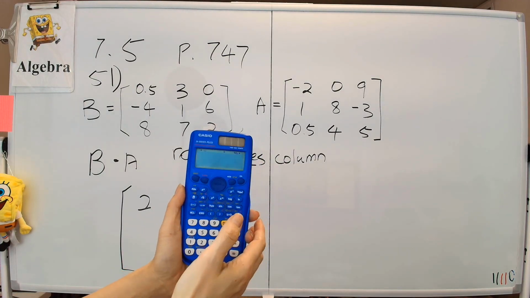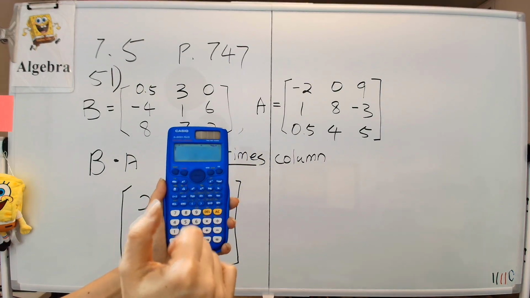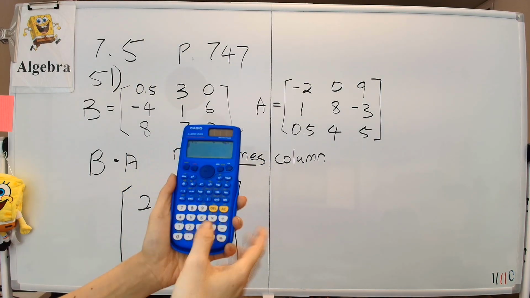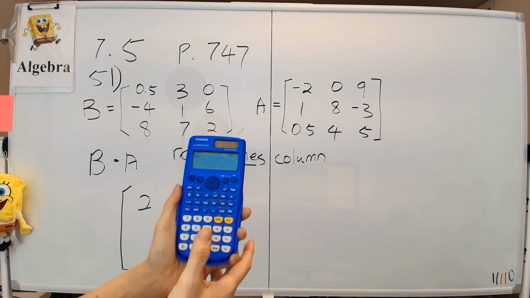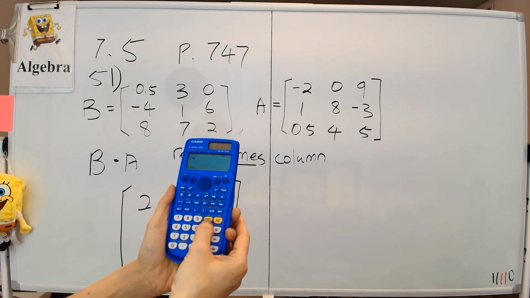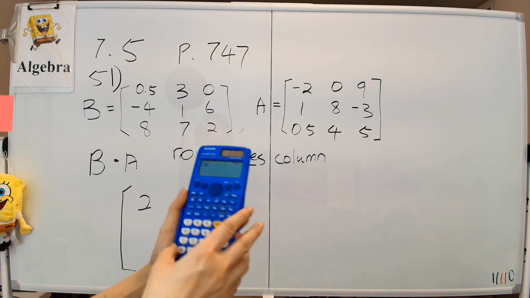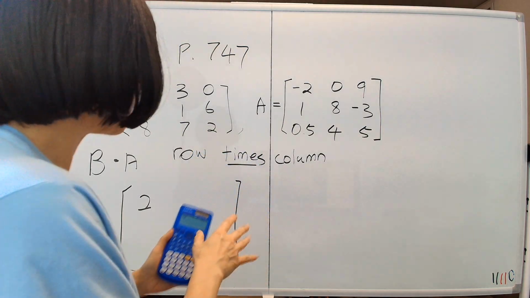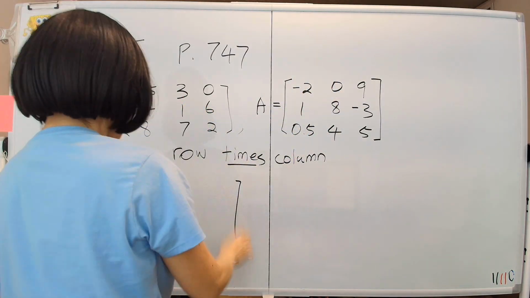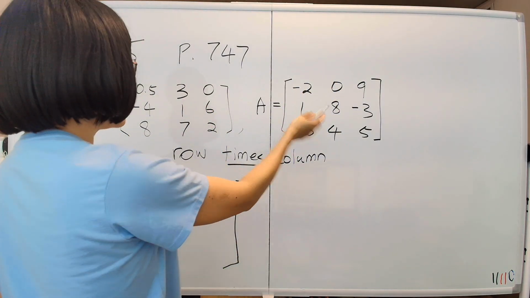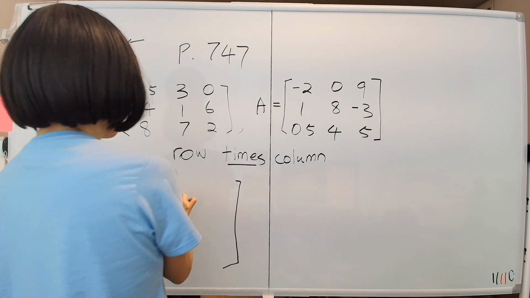So first row by second column: 0.5 times 0, we'll ignore that, and then 3 times 8, 24, and then 0 times 4, again, we can ignore that. So we will just have 24. That's the row times column that ends up in this location, the first row, second column. So the answer will be 24.